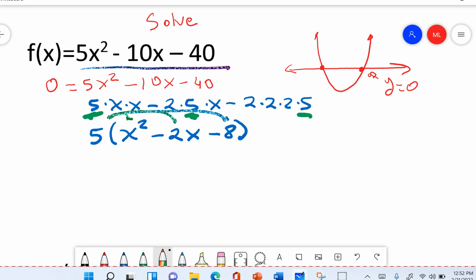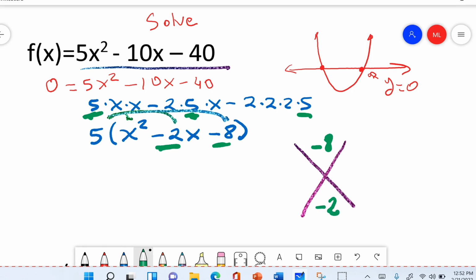Okay, now I need to factor. I am going to use the x method. Remember, the constant is the product and b is the sum. So two numbers that multiply to give me negative 8 and the sum is negative 2. Negative 8 times 1, the sum is negative 7.